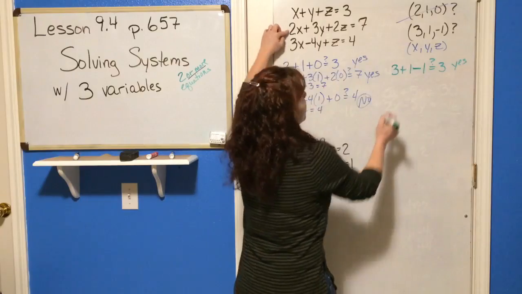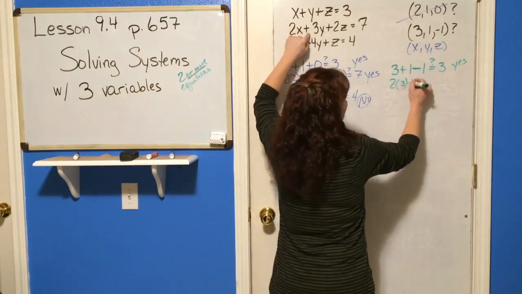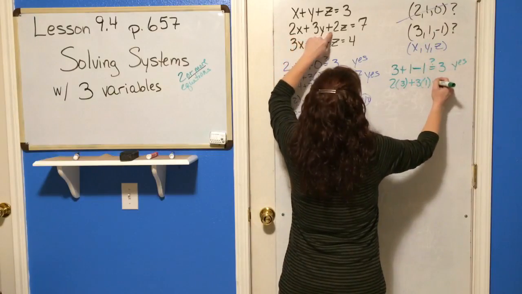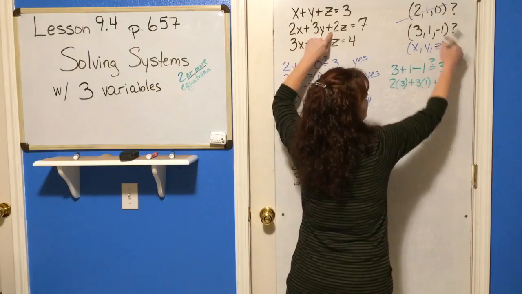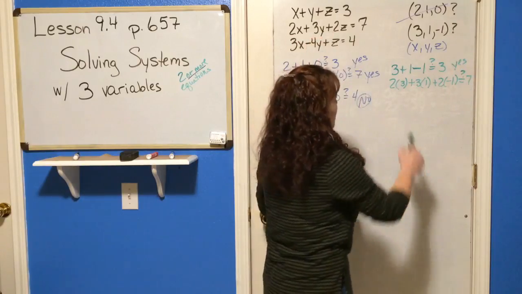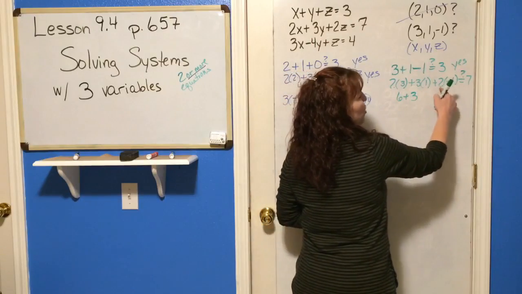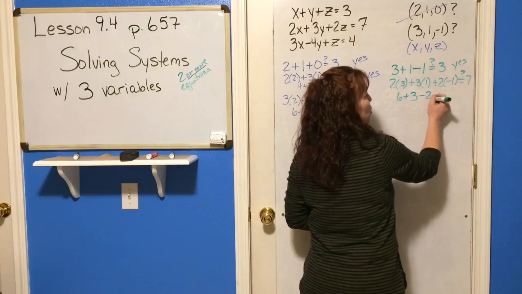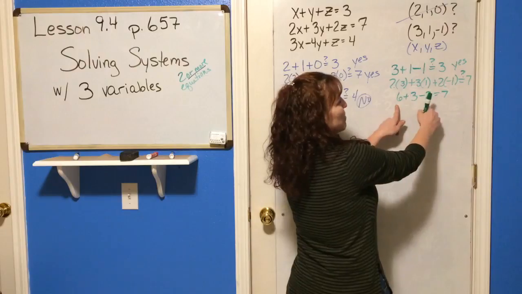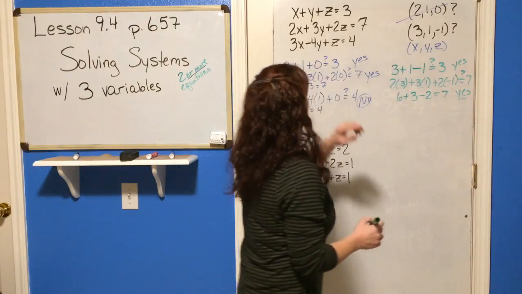So far, so good. 2 times x is 3, plus 3 times y, which is 1, plus 2 times z, which is a negative 1. We want to know, does that equal 7? All right. 2 times 3 is 6, plus 3 times 1 is 3. 2 times a negative 1 is negative 2. Does that equal 7? 6 plus 3 is 9. 9 minus 2 is 7. We're good to go. So far, so good.